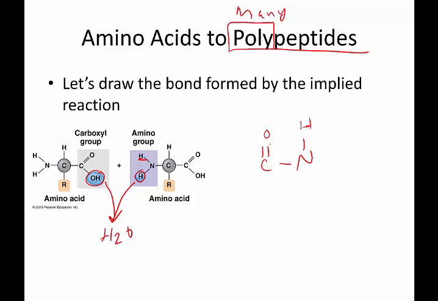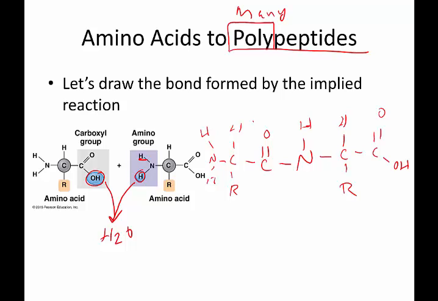So here we have the C double bond O and NH. Then we have the central carbon, H over here, R group right there, carboxylic acid again, carboxyl group, central carbon right there, H, R, and then amino group. So here is our final drawing.